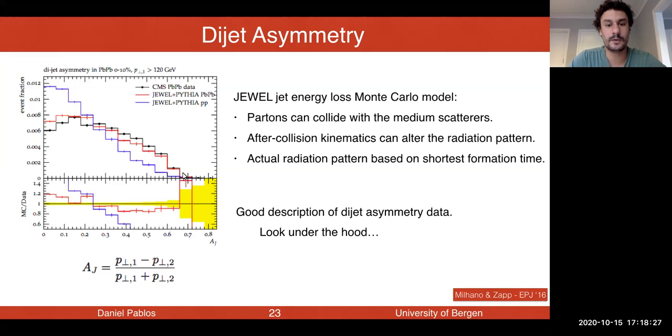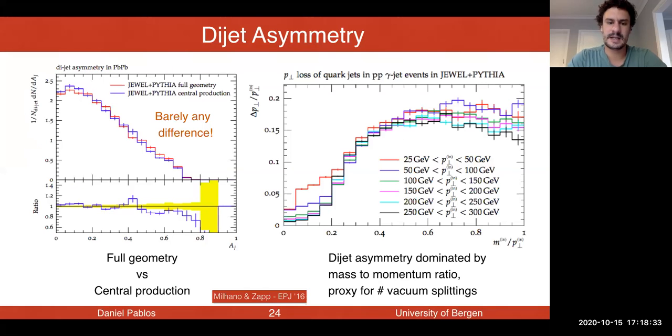So let's look under the hood of the Monte Carlo model. Let's compute again the dijet asymmetry, but set the two jets at the center so that you make sure that they are traveling the same medium, the same amount of length.